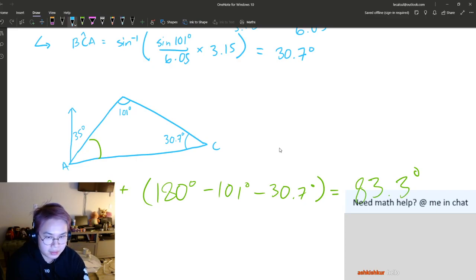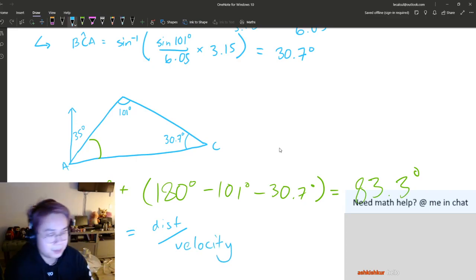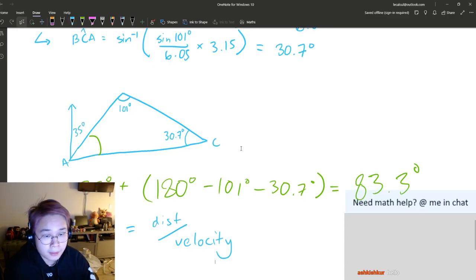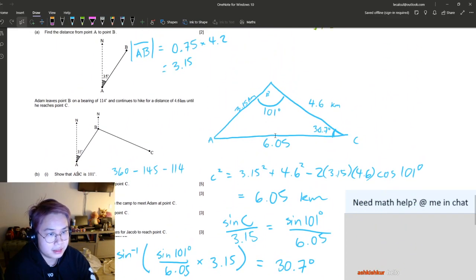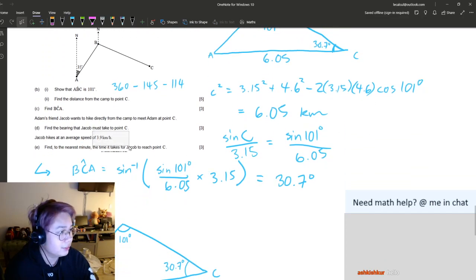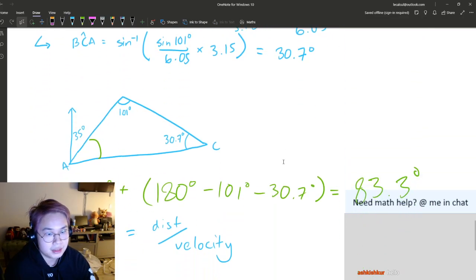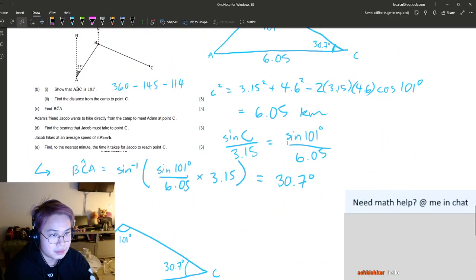If you don't have acceleration, then the time is the distance divided by the velocity. This might even be in your formula book, but you should know this off the top of your head. We found the distance. That was 6.05 kilometers. They told us his velocity, 3.9 kilometers per hour. So we just divide the two.